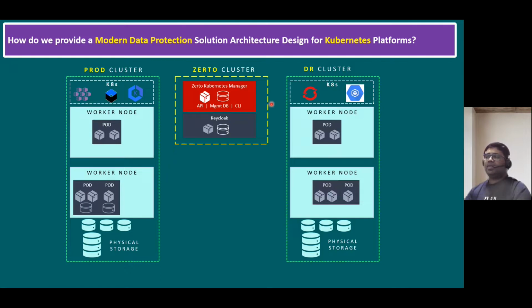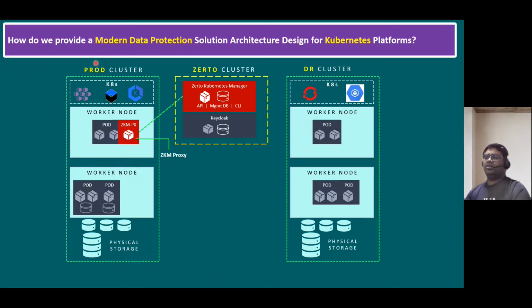Okay, and to access the ZKM from the production cluster, we can use the ZKM proxy. This is another component. ZKM proxy means Zerto Kubernetes Manager proxy. Using it we can access ZKM from our production cluster, and a ZKM proxy is minimally required within the site.